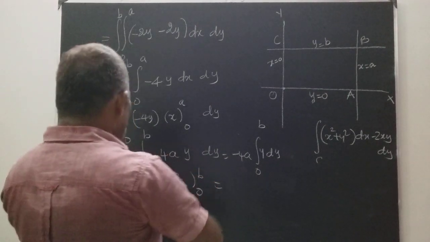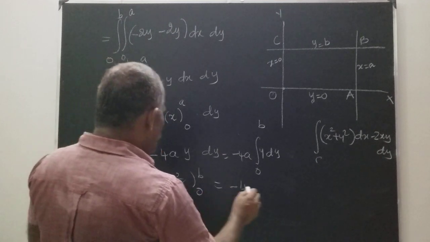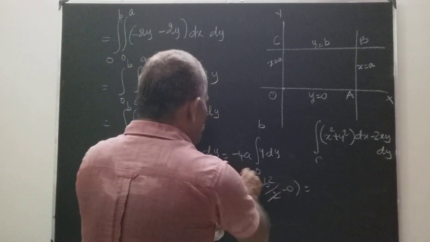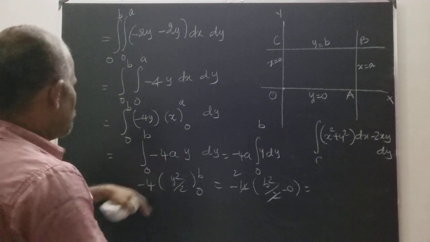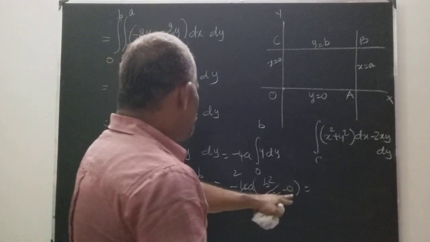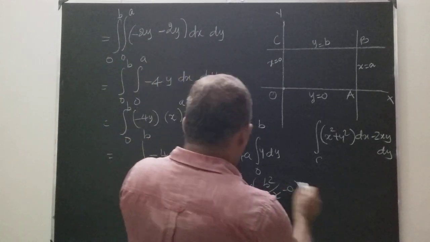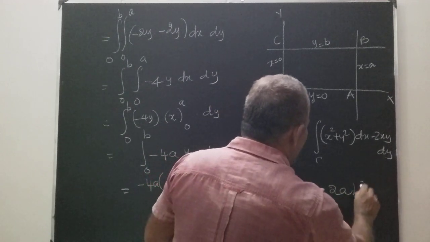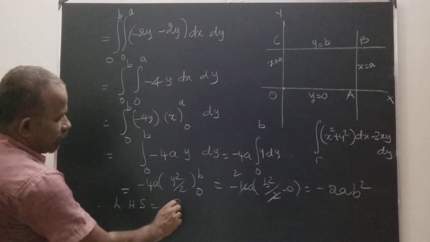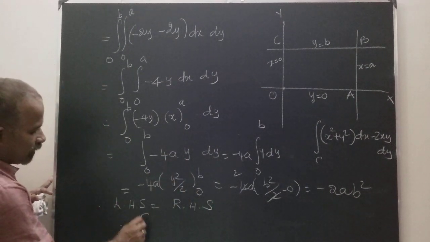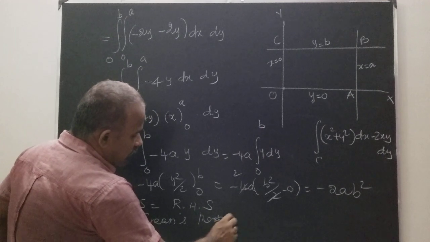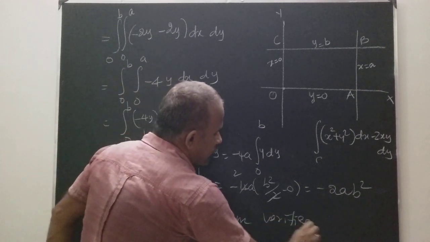Therefore this is equal to minus 4a into b squared by 2, which is minus 2ab squared. Therefore left hand side is equal to right hand side. Therefore Green's theorem verified. Thank you.